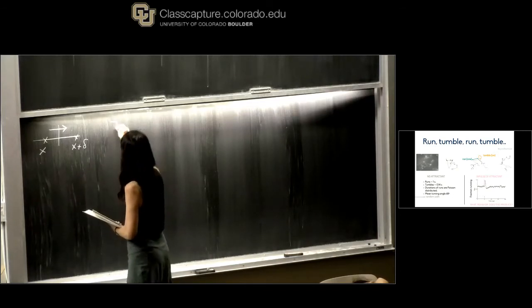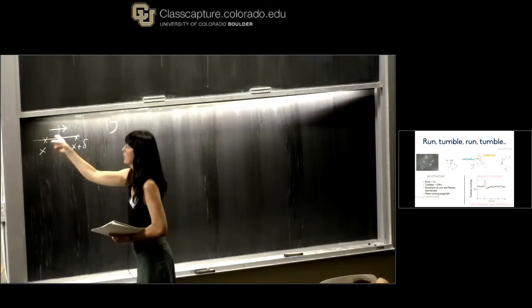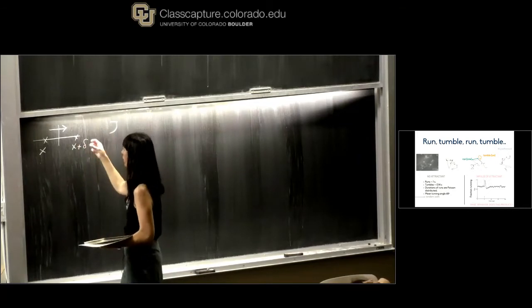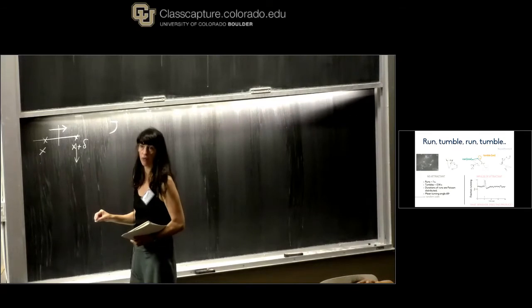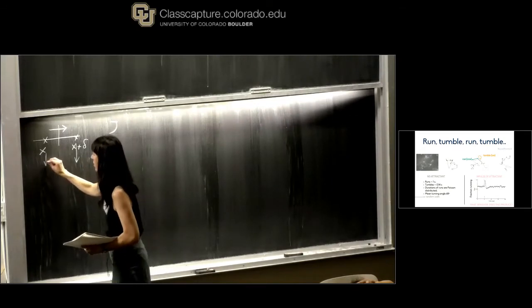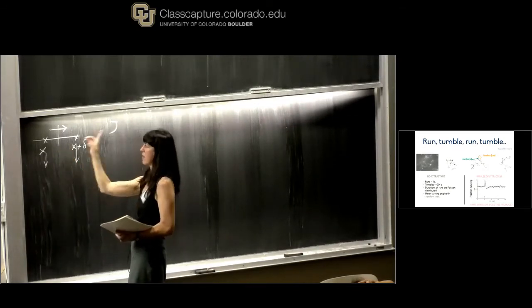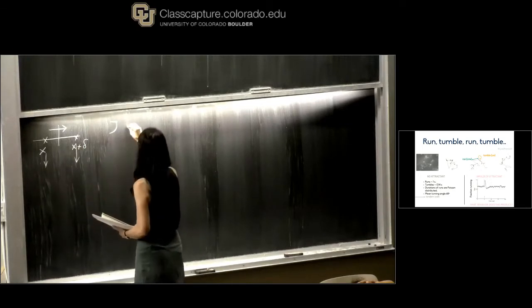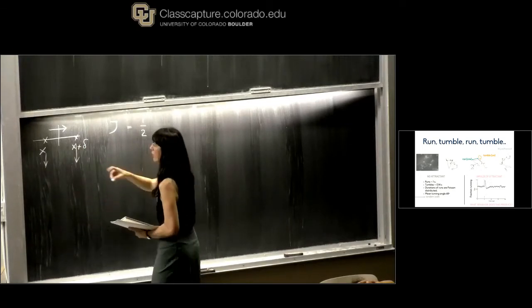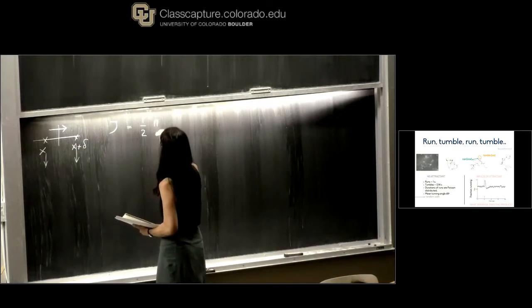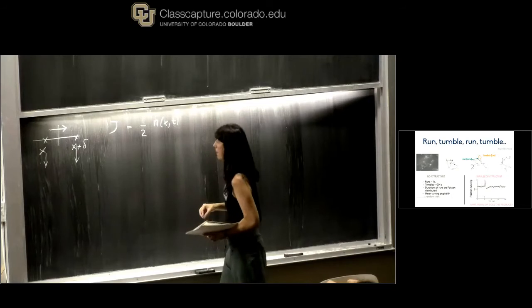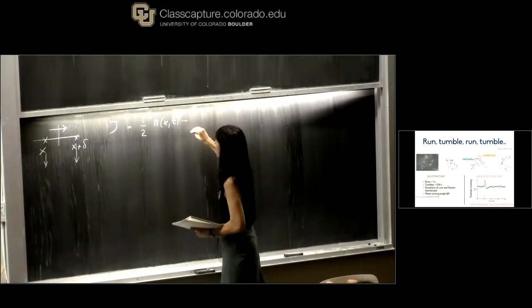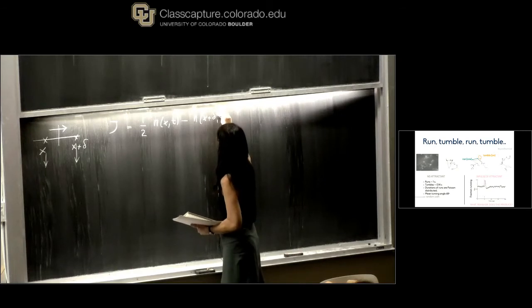Okay, so J, the number of guys that goes to the right, is what? Well, half of the ones that were here will go left and half will go right. Same thing here. So then the number of them that go right will be 1/2 of, let's call that n of x at time t. Okay, that's the positive one. And then minus 1/2 n of x plus delta at time t.